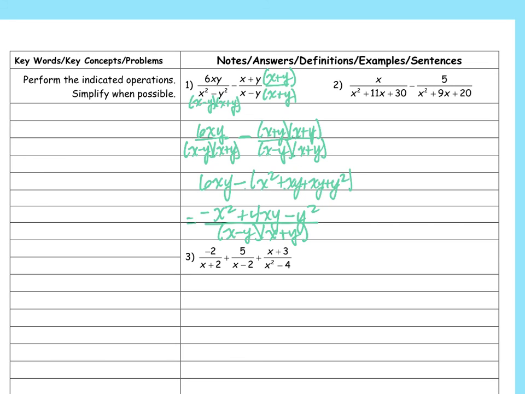Okay. That one wasn't too terribly bad. I think the next one's going to be a little worse. Okay, so I'm going to factor the denominators again. So let's see. I think this is going to factor to x plus 5 and x plus 6. I'm going to make this bigger so you guys can see it better.